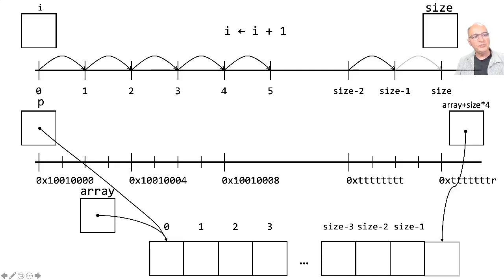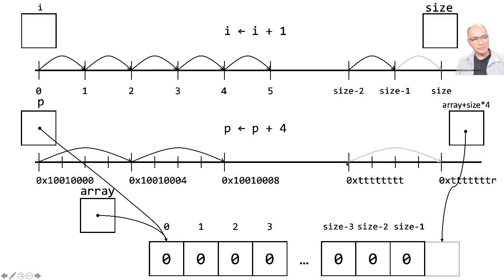The following position will be 1001.008. And at some point, I'm going to get to the last position, which is where my stopping criterion is going to be. So my increment in the case of the pointer will be an increment by 4. Every time I do an iteration of the loop, I increment by 4 until I get to the last position of the array. And by doing that, I'm going to write the value 0 in every position of the array.